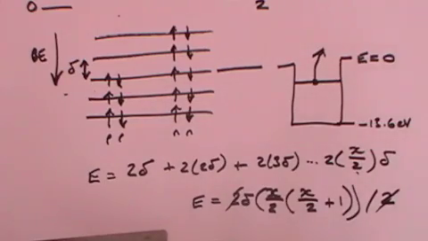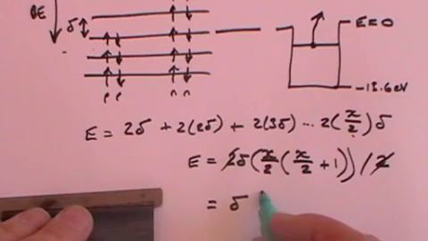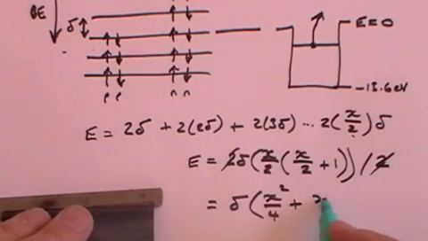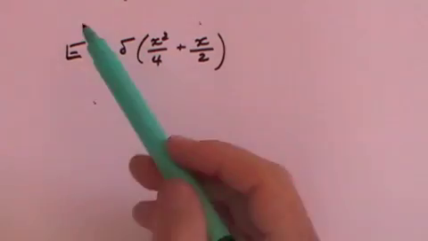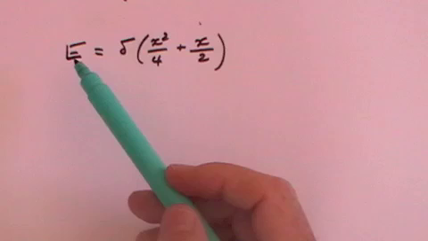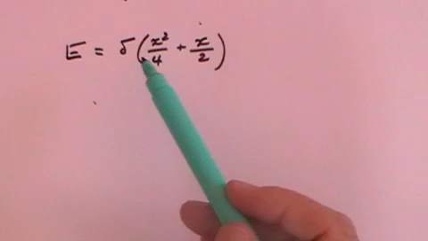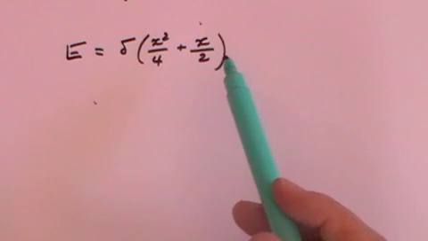So you've now got delta into x squared over 4, which is those two terms, plus x over 2. So I've rewritten that formula: the energy excess consequence of having these asymmetric neutrons is delta into x squared over 4 plus x over 2.